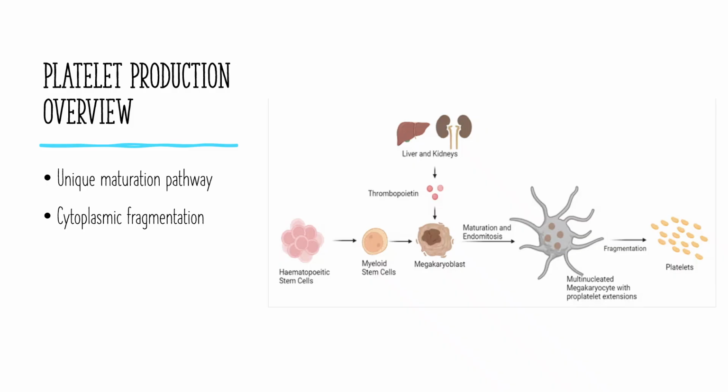Here's where things become biologically unusual. Megakaryocytes undergo endomitosis, meaning DNA replicates repeatedly without the cell dividing. Instead of producing daughter cells, the nucleus becomes multilobed and highly polyploid, essentially increasing genetic output capacity within a single enormous cell. Why does this matter?